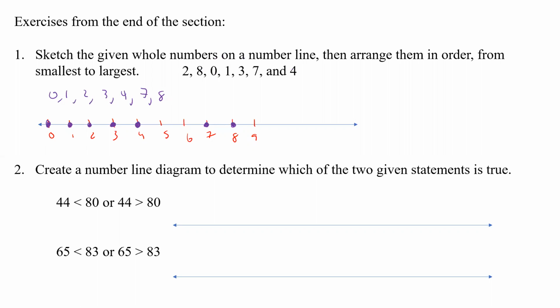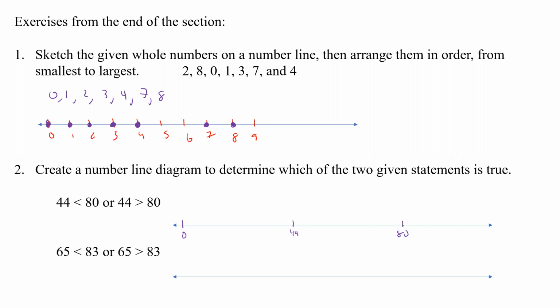All right, the next one says create a number line again and determine which of the two given statements is true. The first one says, is 44 less than 80 or is 44 greater than 80? Well, I'm only going to put 3 dots. I'm going to put 0 for our starting point. Then counting up, 44 is next, and if I keep counting, 80 comes after.